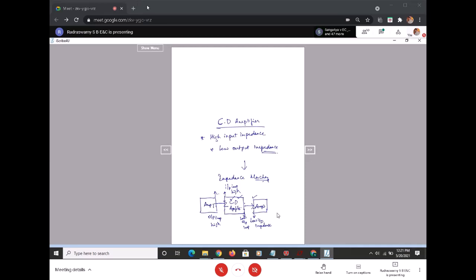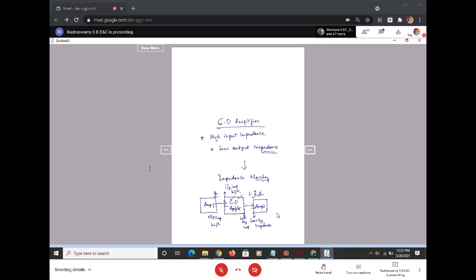So this is coupling. The common drain amplifier can be used as a coupling device in order to match the impedance. Is there any loss now? No. Suppose this amplifier's peak to peak is 2 volts, here I'll be getting somewhere around 1.7 or 1.8. Not an issue for me. Yes or no? Yes.